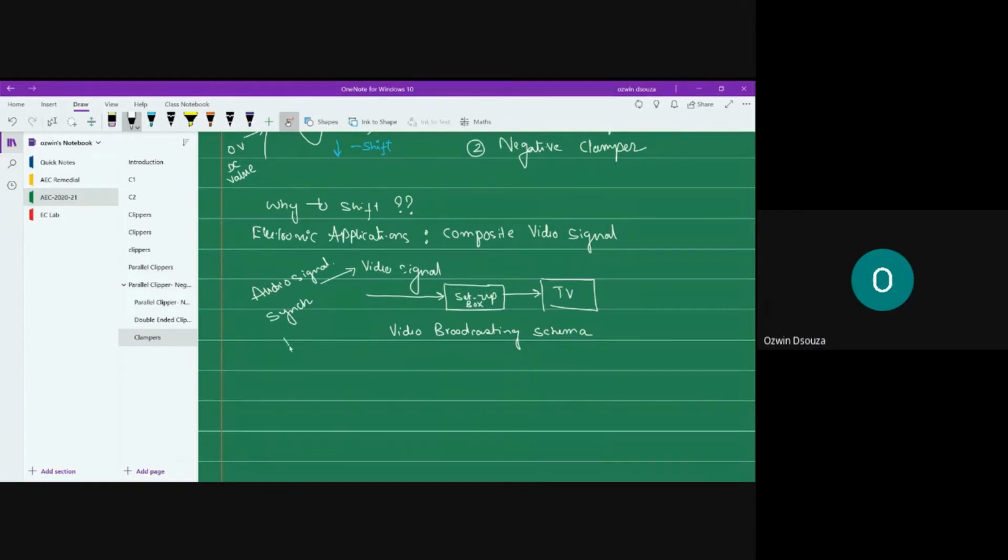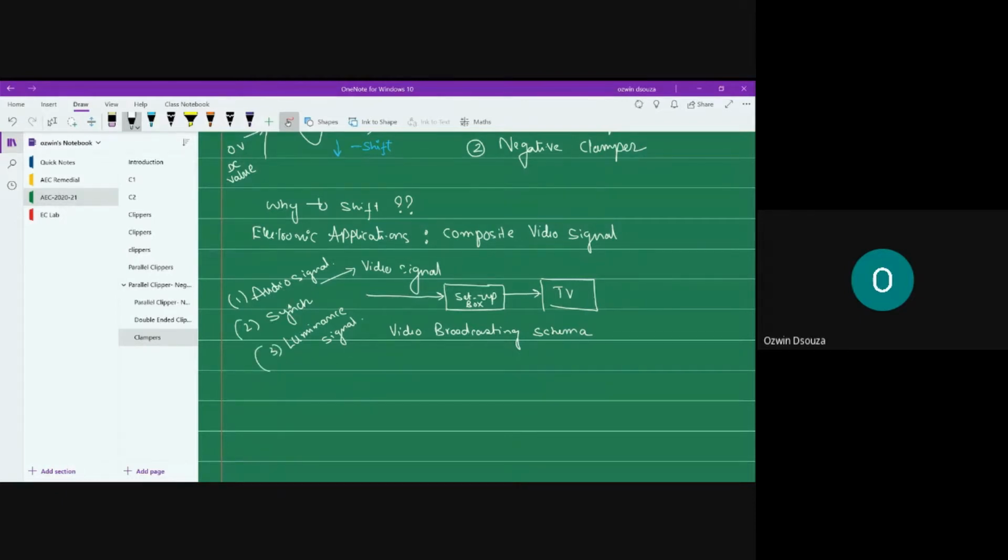And you will also have the luminance signal. This luminance signal basically consists of the color information. Later on, that color information gets the shape of a picture. So you can see that your video signal consists of three signals.